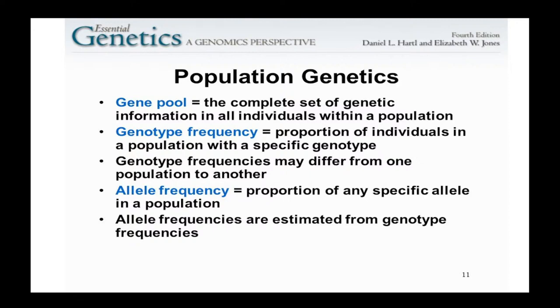Genotype frequency may differ in different populations. Allele frequency is the proportion of any specific allele in a population. Each population is characterized by its own gene pool, genotype frequency, and allele frequency. So different populations differ by gene pools.